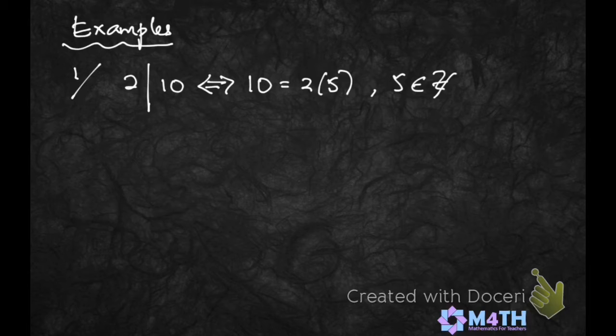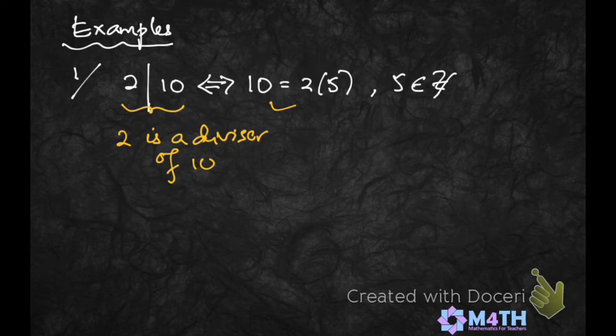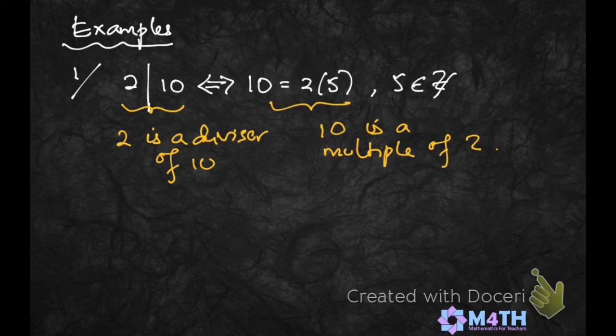So here we can say that 2 is a divisor of 10, and 10 is a multiple of 2.